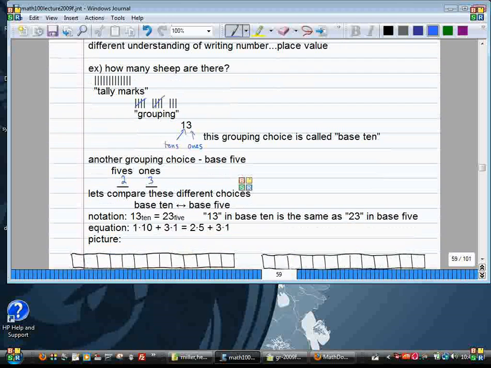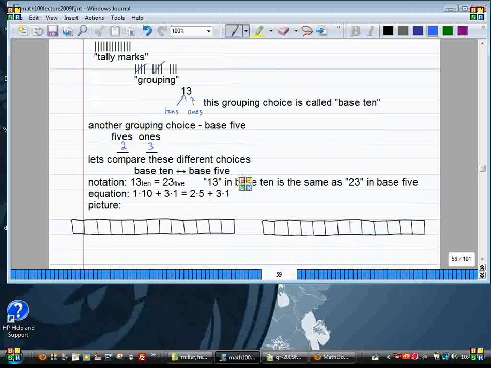And I also want to show you the picture. So in one sense, the tally marks represents one picture to show grouping. Here's another way to show it.